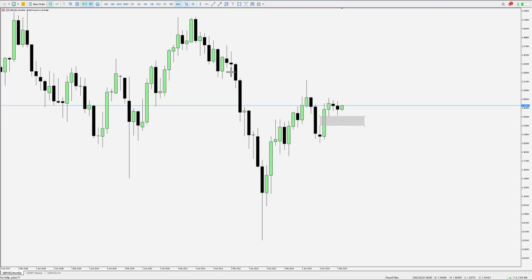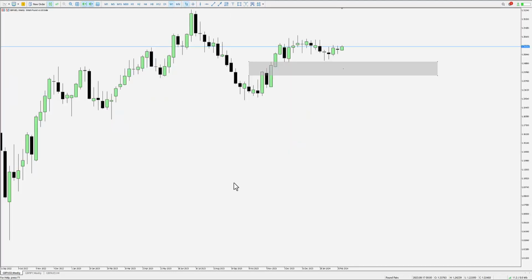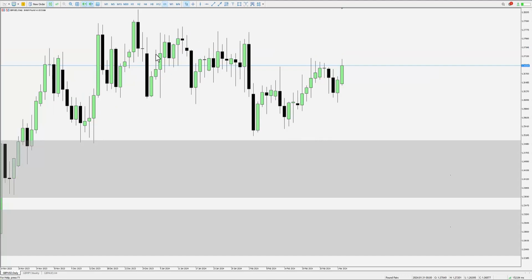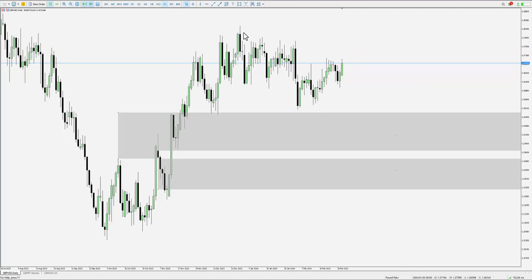That's the monthly chart. When you go to the weekly chart, you can see we now have a bullish order block just below the monthly fair value gap. You can see Pound USD has been accumulating for a while now on the weekly chart, and on the daily you can see we've got a range.